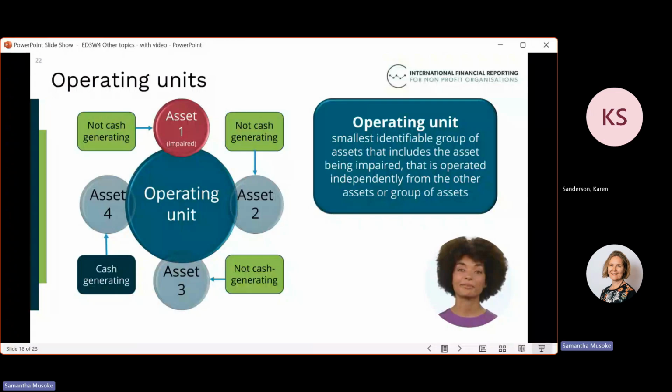This specifically allows the inclusion of assets that do not generate cash, because they are held for missional purposes rather than cash generation. An operating unit is defined as the smallest identifiable group of assets that includes the asset being impaired, and that is operated independently from other assets or groups of assets.